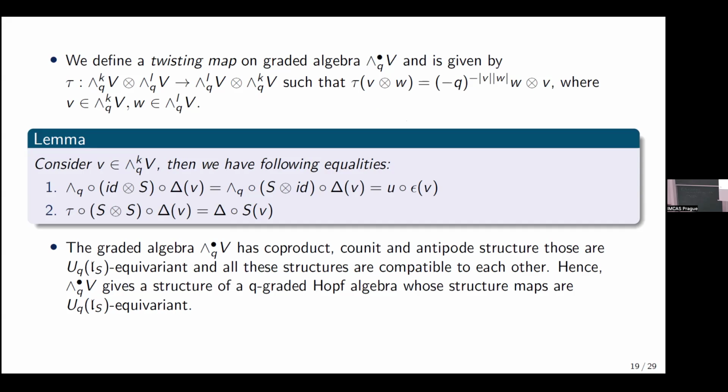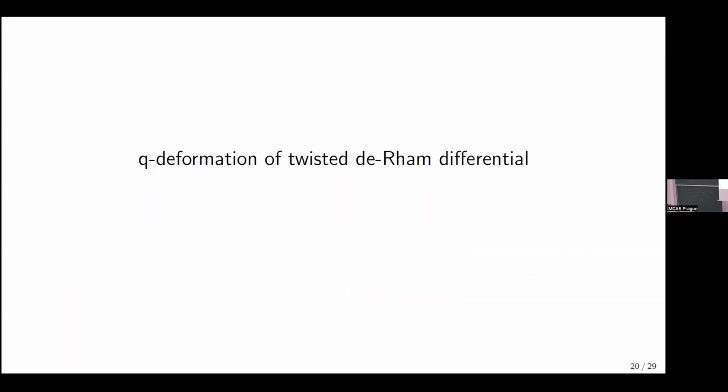So this graded algebra we were discussing has coproduct, co-unit, and antipode structure. All these things are UQL equivariant. So this gives the structure of a Q-graded Hopf algebra whose structure maps are Levi equivariant. So the Levi equivariance in this context is the main important thing.